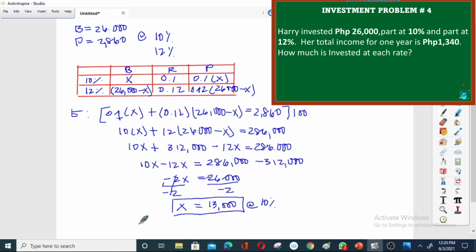And the other one is 26,000 minus 13,000, which is equal to 13,000 pesos at 12%. They are both equal at 10% and 12%.